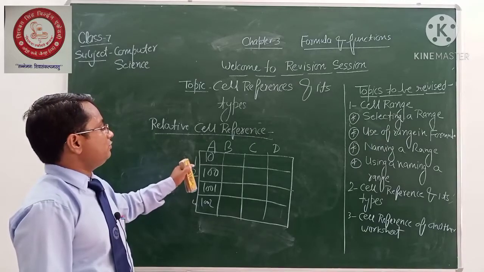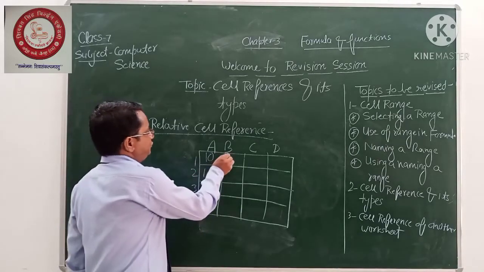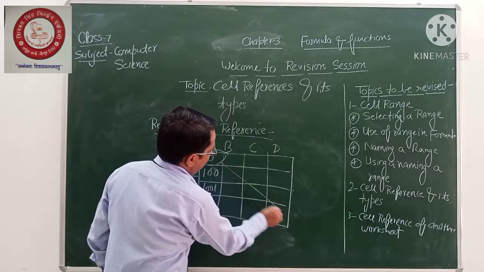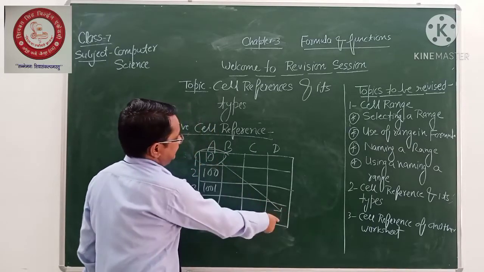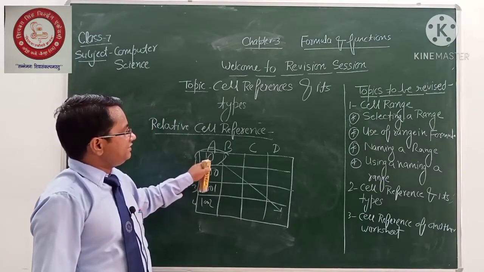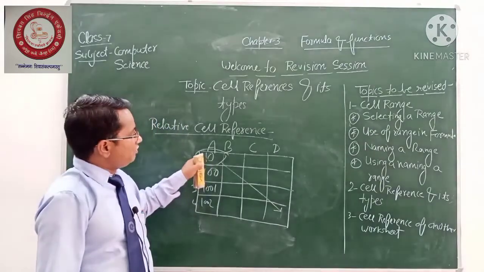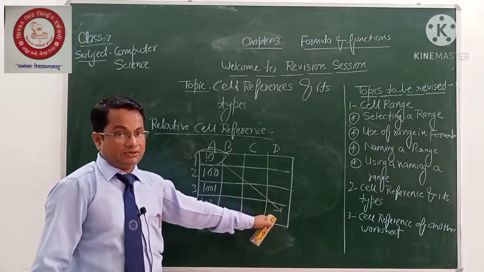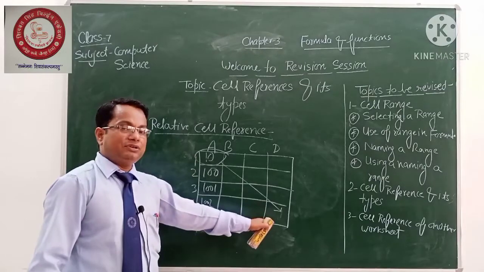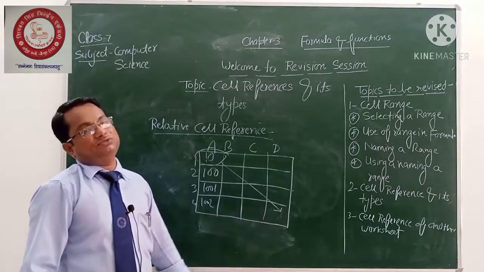And suppose I want to copy this address here. Whenever this data is copied from this place to this place, what is happening here? The data gets pasted in a particular cell, but the address gets changed.